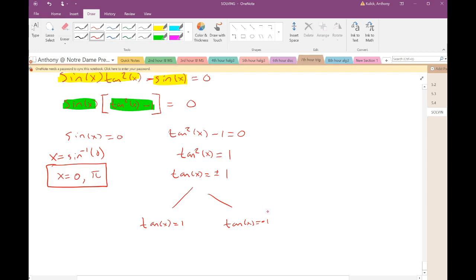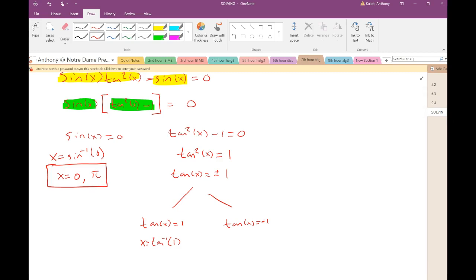And how do I solve tan x equal to 1 then? Tan inverse. Now, tan inverse of 1, is that a unit circle value? Yes. What is tangent again in terms of sines and cosines? It's sine over cosine, and sine is y, cosine is x, so for tangent we're looking at y over x.